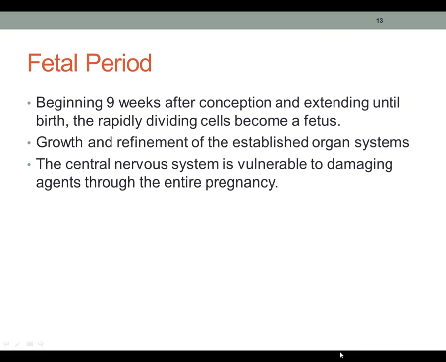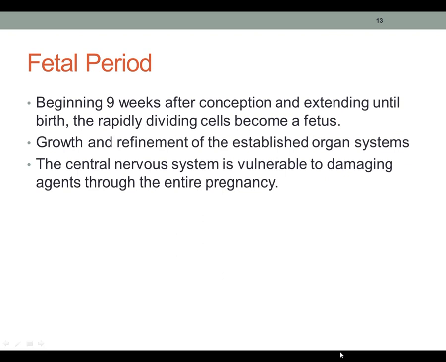So 25 to 28 weeks, we have more survivability if they were to be born. The eyes open, and the fetus assumes the head down position the majority of the time. And this is in preparation for birth. So, weeks 29 to 32, the skin is pigmented to match whatever ethnicity the baby is going to be.